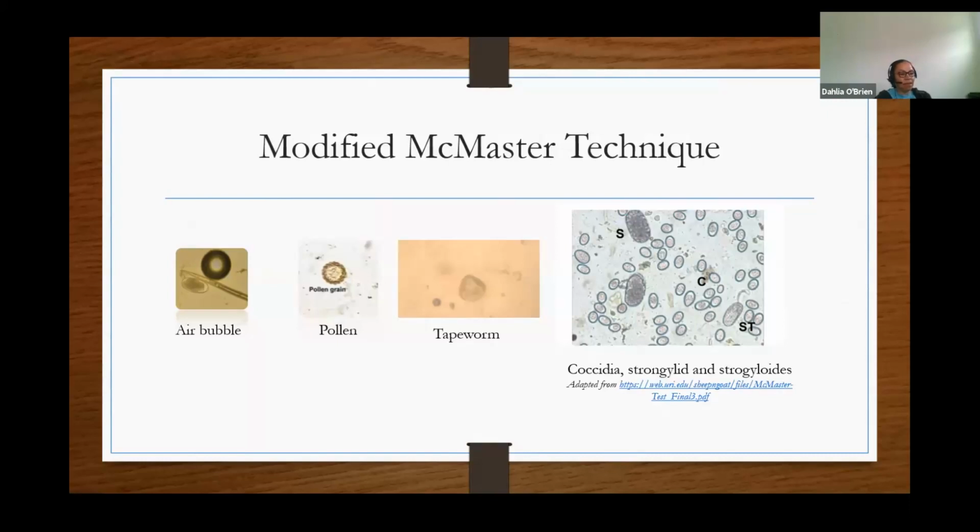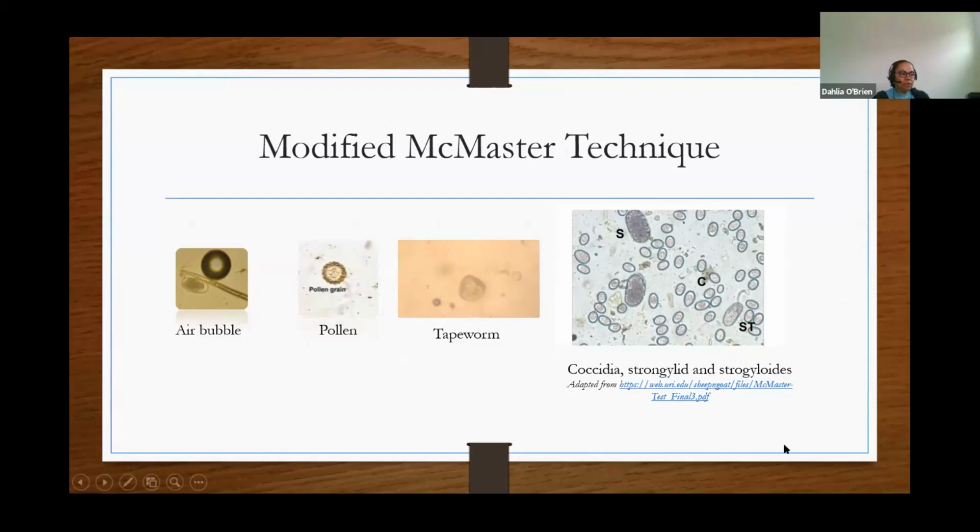But when your field of vision is filled with these air bubbles, then that's when you want to go back and take another sample for counting. Remember I said to stir your sample before filling up your MatMaster slide. You don't want to stir too hard because you can get a lot of air bubbles in there.